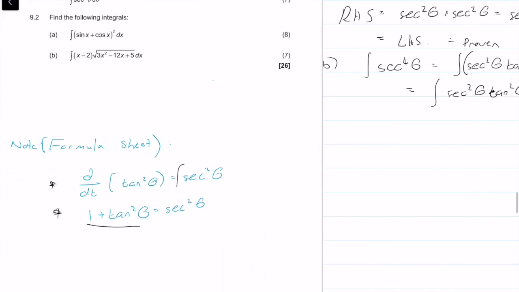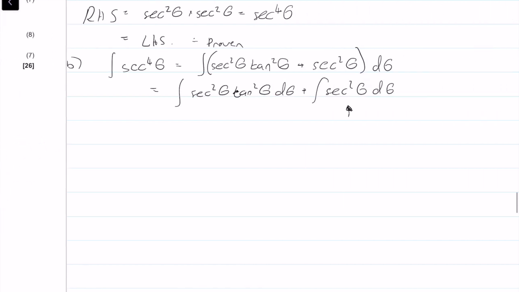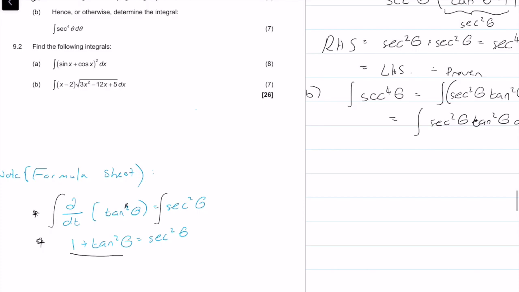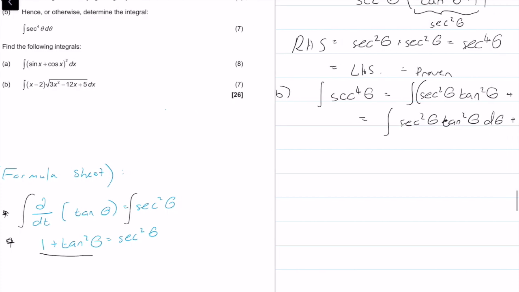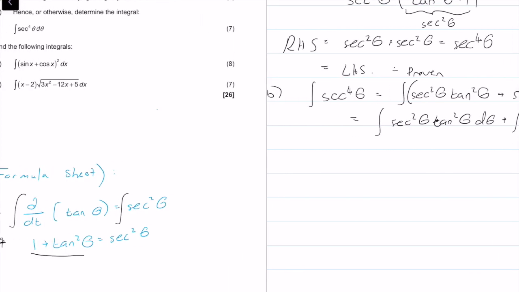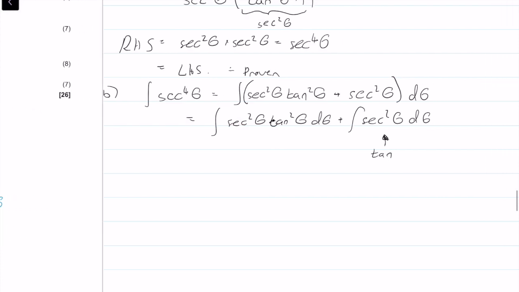That is equal to tan theta, because the derivative of tan theta is sec squared theta. So that is the integral of the second part.